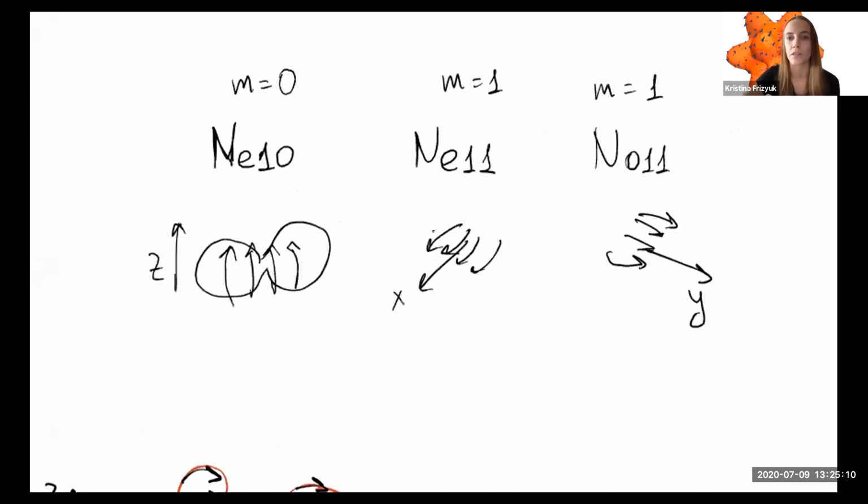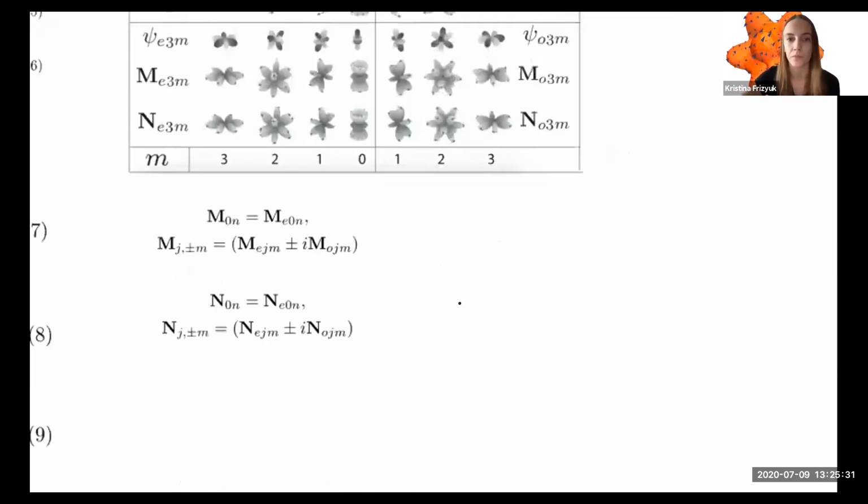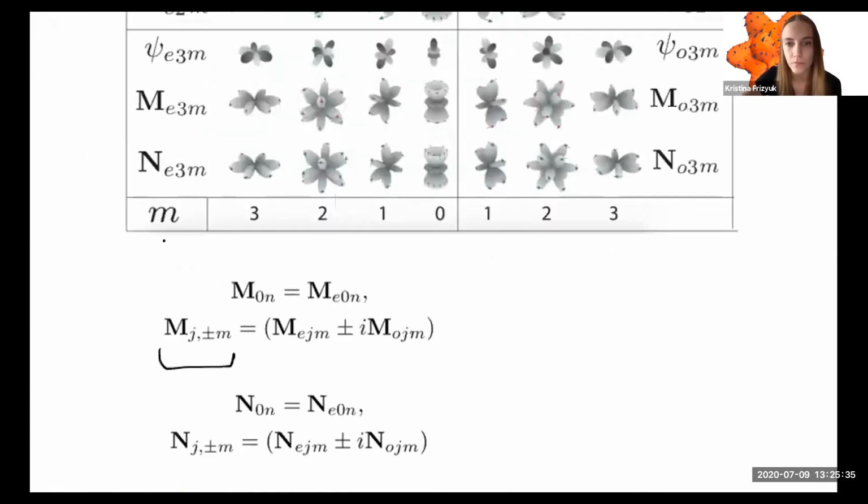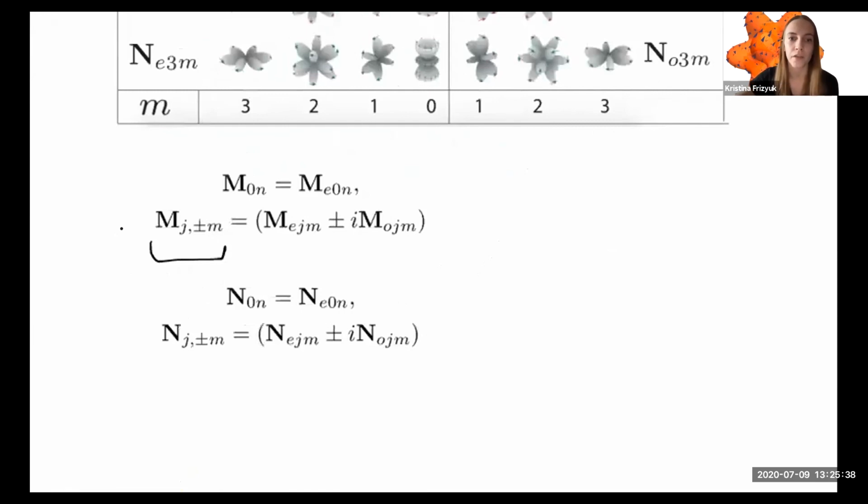And in case of circular polarization, I would also like to note that real harmonics can have only positive m, and complex harmonics can have also negative, so for these two, you have m from -j to j.